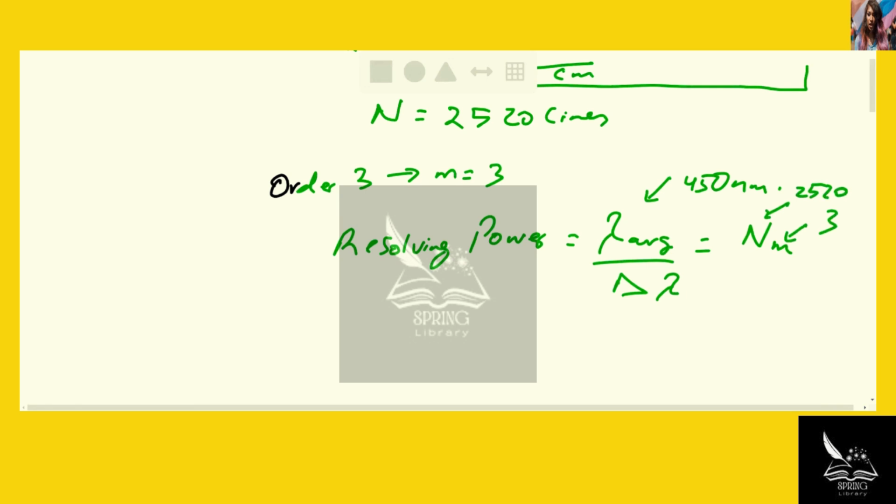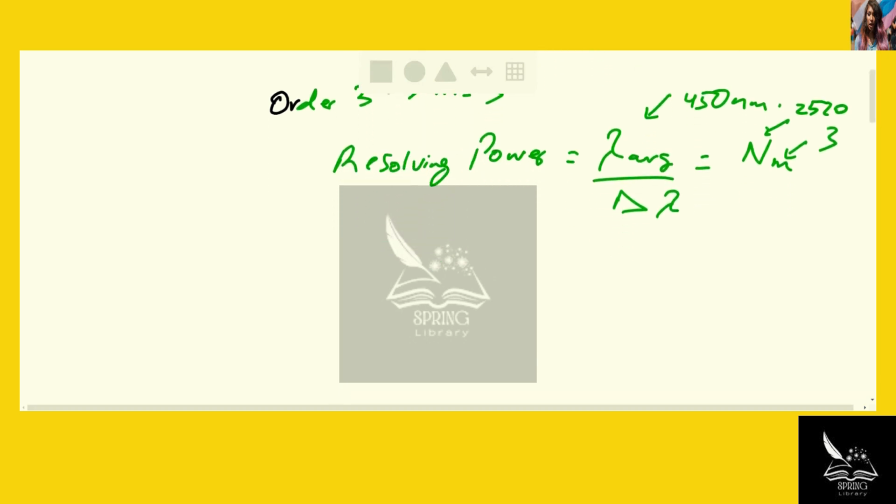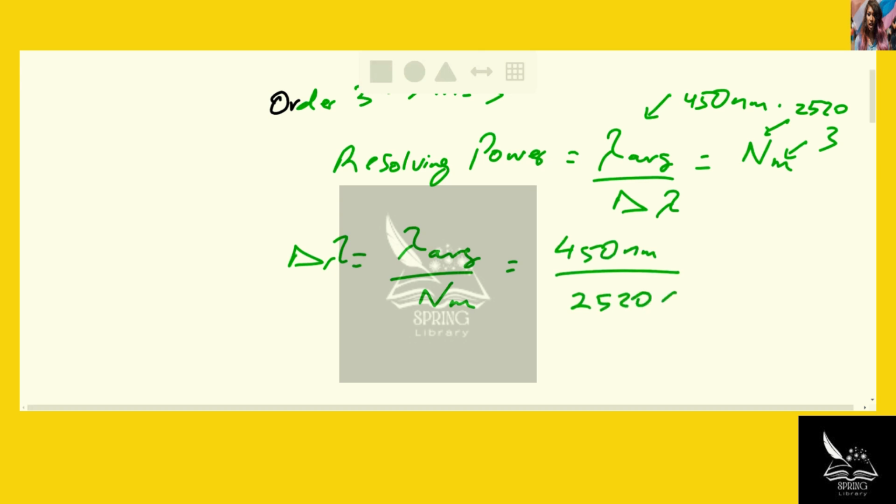Remember, going back, we wanted to find the smallest, or the minimum, wavelength difference. So that's just our delta lambda. Delta lambda is the average lambda over the resolving power, which becomes 450 nanometers over 2,520 times 3.